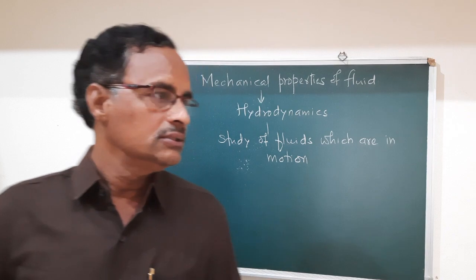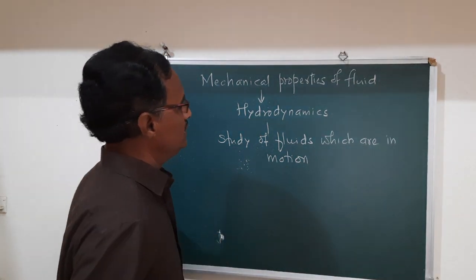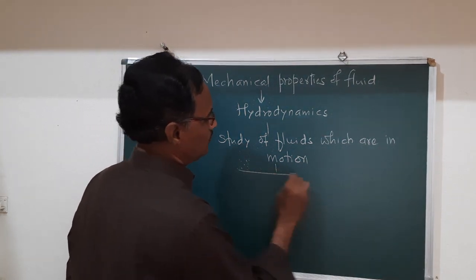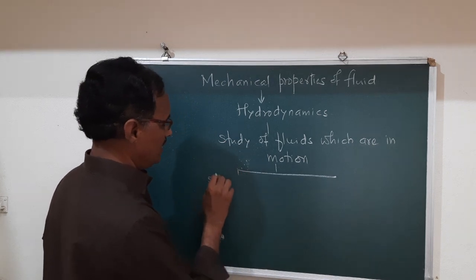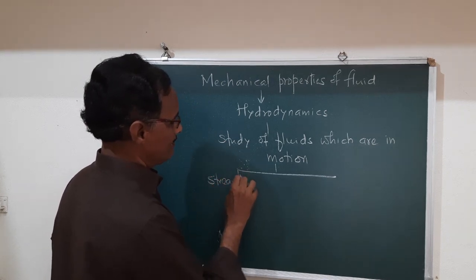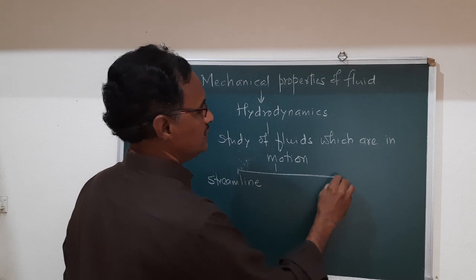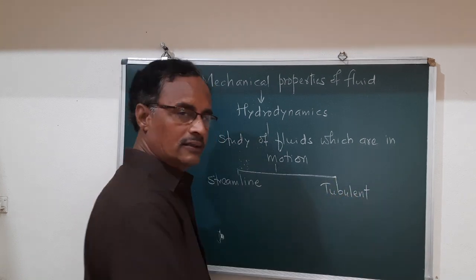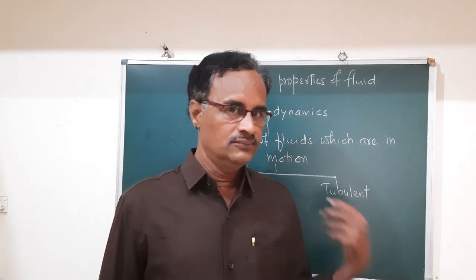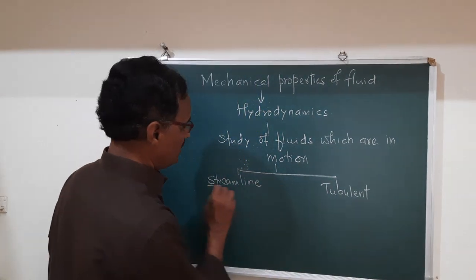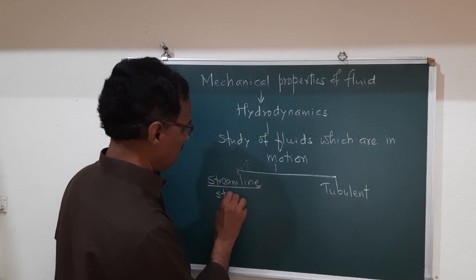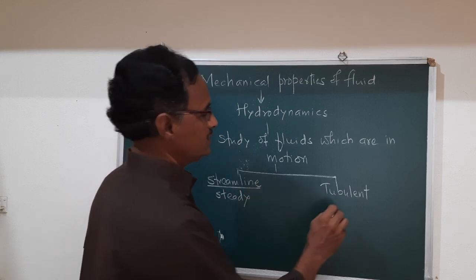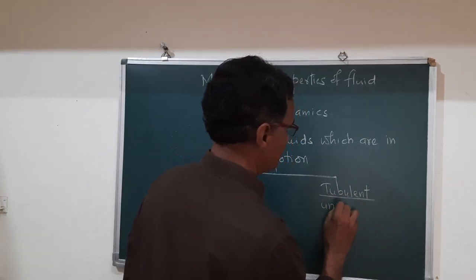Now we know the motion of the fluid is of two types. One is streamline flow, another one is a turbulent flow. Now again there are different names of these flows. The streamline flow is also called a steady flow. This is called an unsteady flow.